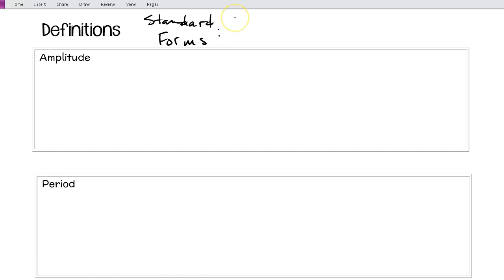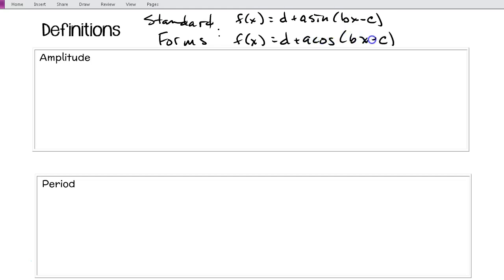So we've got f of x is equal to d plus a sine bx minus c, or we've got f of x is equal to d plus a cosine bx minus c. And a couple things I mentioned in the last video, this d could be in either the front or the back.